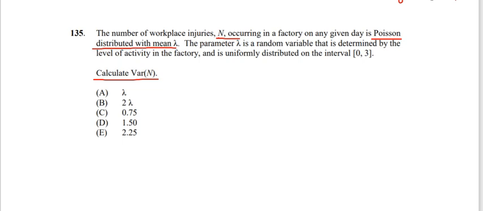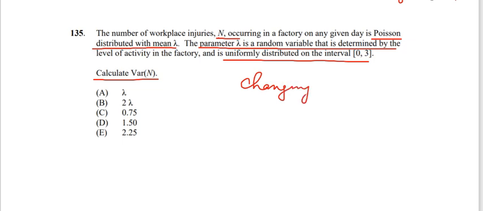But here, this parameter lambda can also change. Lambda is uniformly distributed. So such a problem is, we say, a changing parameter problem. So the parameter is not fixed.